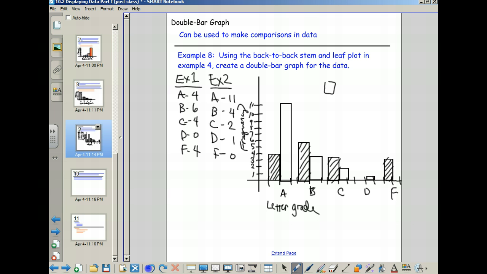And I need a key that says that shading like this is exam 1. And then I need to decide how else to do the shading. Maybe you do cross hatching, or maybe you do your crisscrossing the other direction. That's what I'm going to do. Maybe you do it horizontal or vertical. It doesn't matter. Just pick something different. And all of exam 2 gets colored that direction.